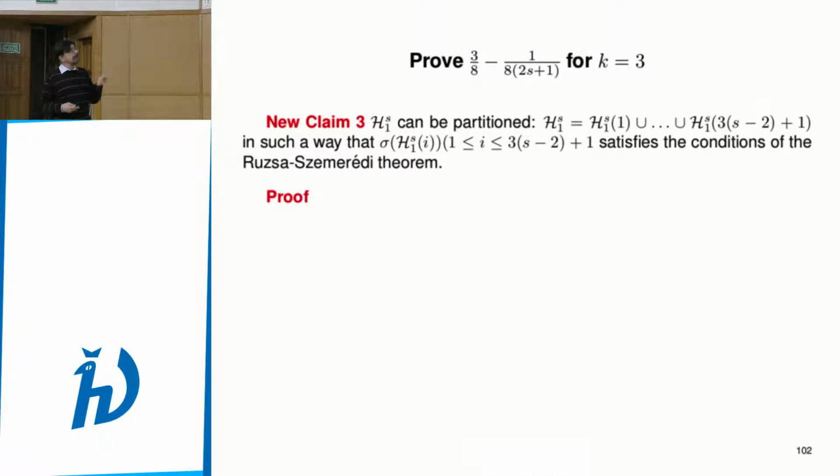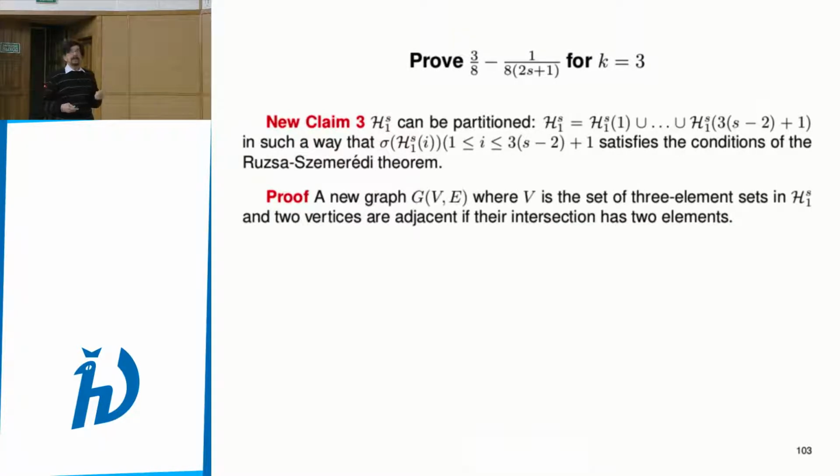And now I prove this claim. Define a graph where the vertices are the three-element sets in our target system of three-element sets. And two vertices are adjacent if the corresponding three-element sets have a common two-element set. So they are attached to each other with one edge.